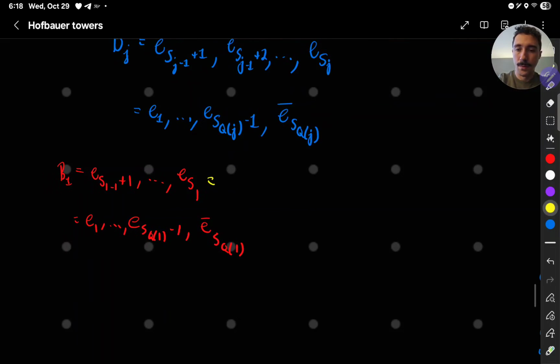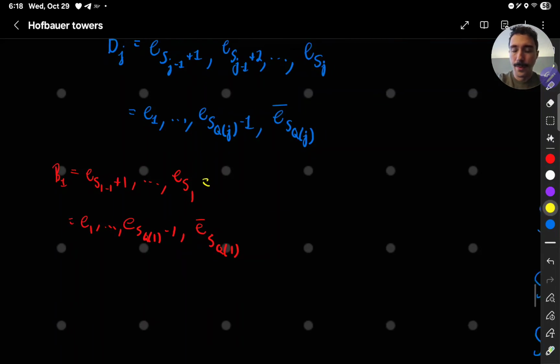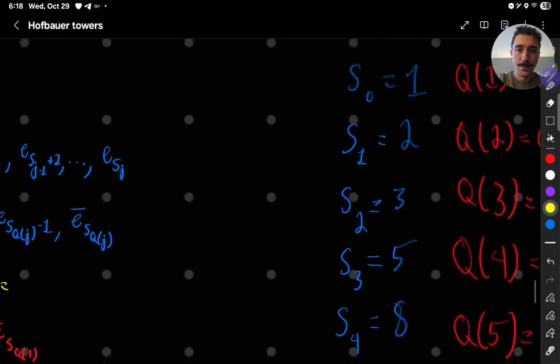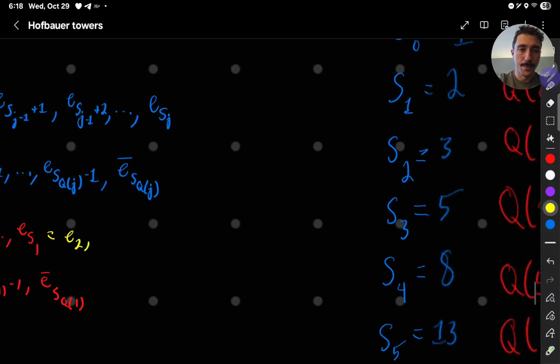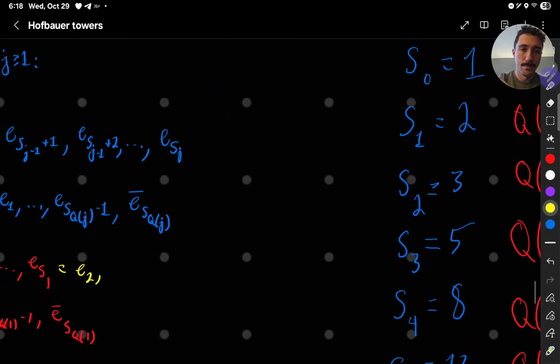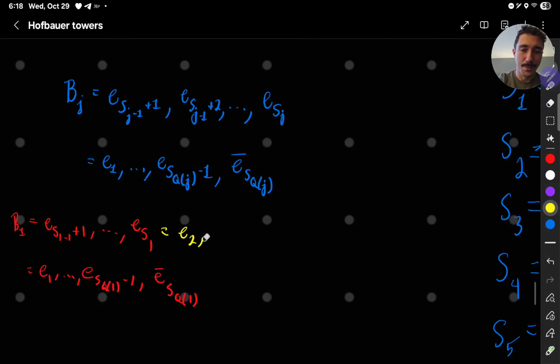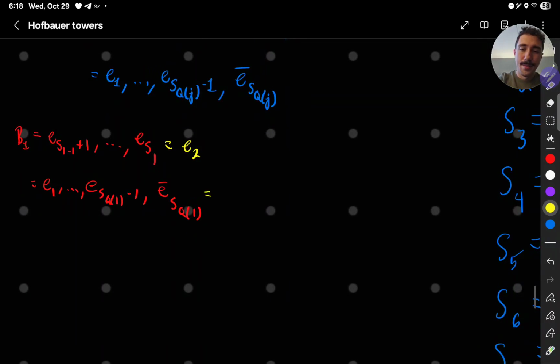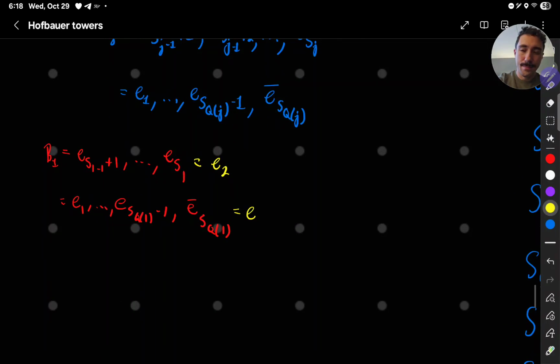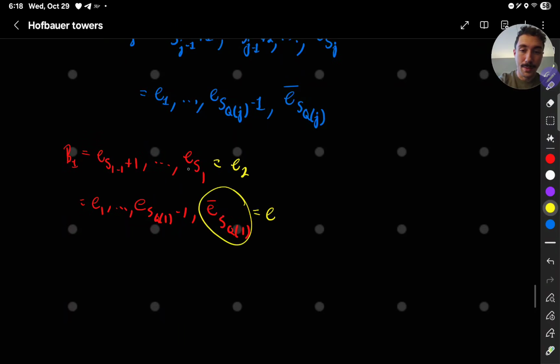Well, what is this? Well, S0 was 1. Add 1 to that, you get E2. What's S1? Well, that's 2. So we stop at E2, so it should just be one kneading symbol. And it turns out I need to pivot no matter what it is.